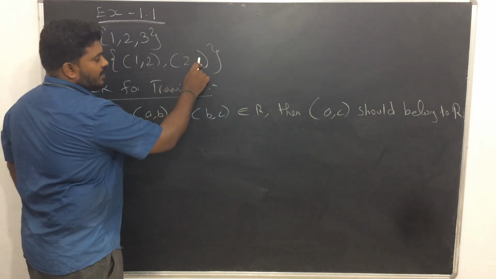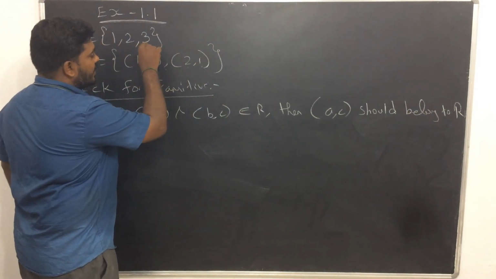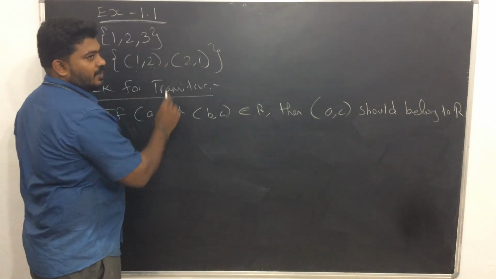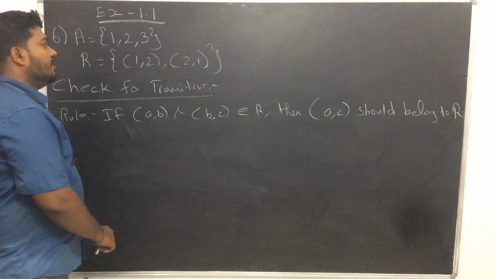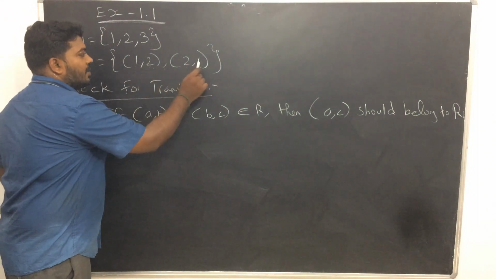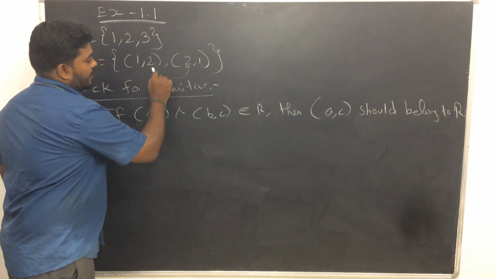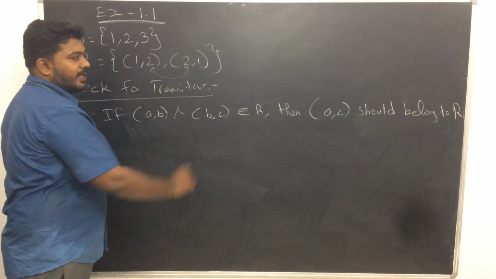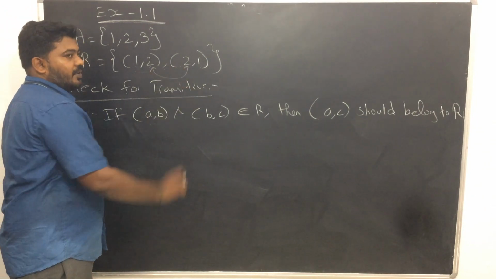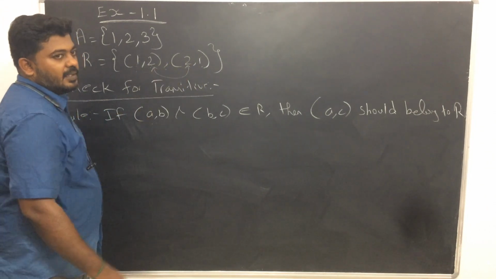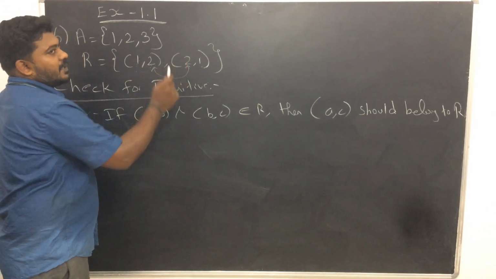This any element belonging to set A can be different values or can be the same value, as in this case. You don't have to worry about this part. This part is all that matters: ending in 2 and beginning in 2. This is what we need to check for. This can be the same or different. Still it is (a, b) and (b, c) only.